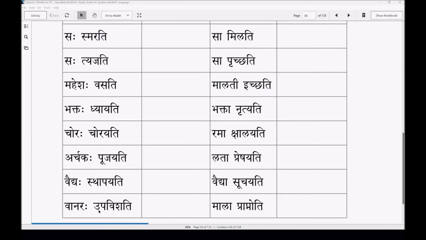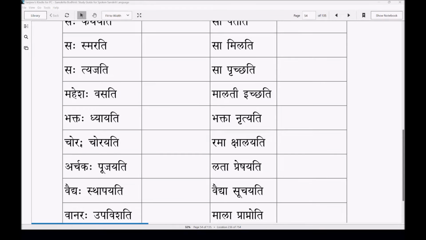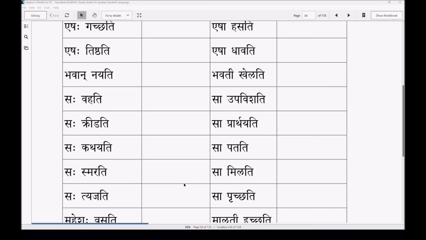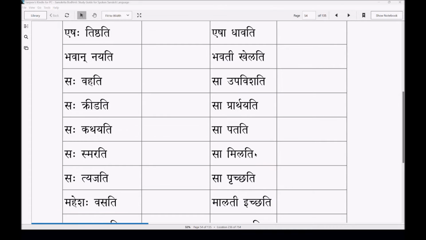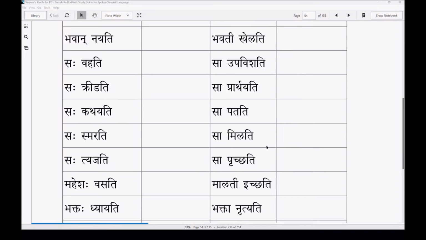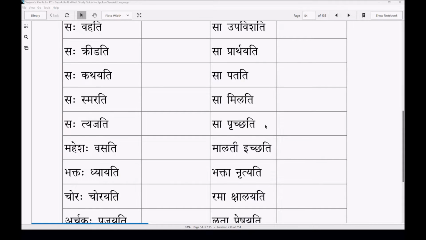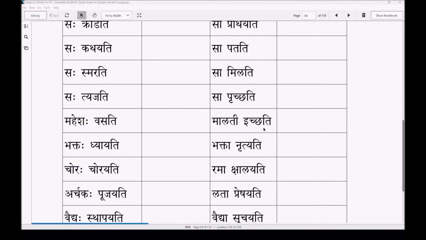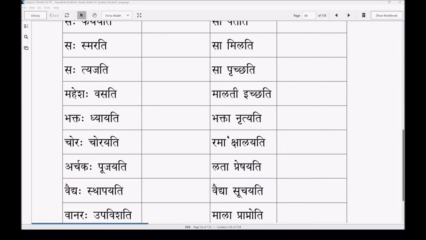And upavishati, sitting. Vanara means the monkey. Vanara upavishati. Archakaha is the priest. Choraha, thief. Bhaktaha, devotee. Vaidyaha, I think you already know, doctor. So this side we have upavishati again. Prarthayati, praying. Then sapatati, falls. Then samilati, she meets. Pruchati means asks, like a question. And ichchati means desires, wishes.